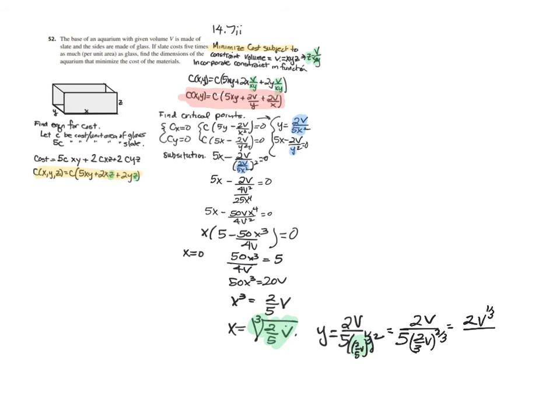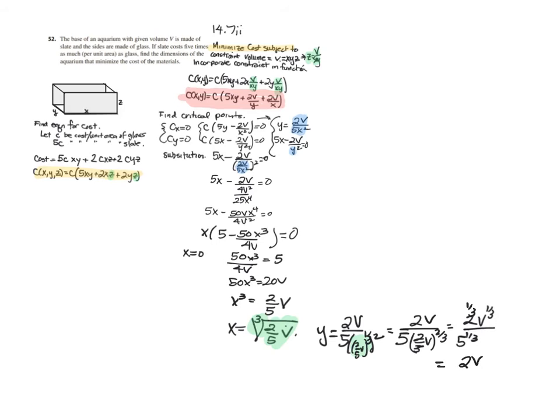We've got a 2 here. This is a 5 here. So 5 to the 2/3 and 5 is 5 to the 1/3. And here I will get a v to the 2/3. I already took care of the v. 2 to the 2/3 and 2 would leave me with a 2 to the 1/3.